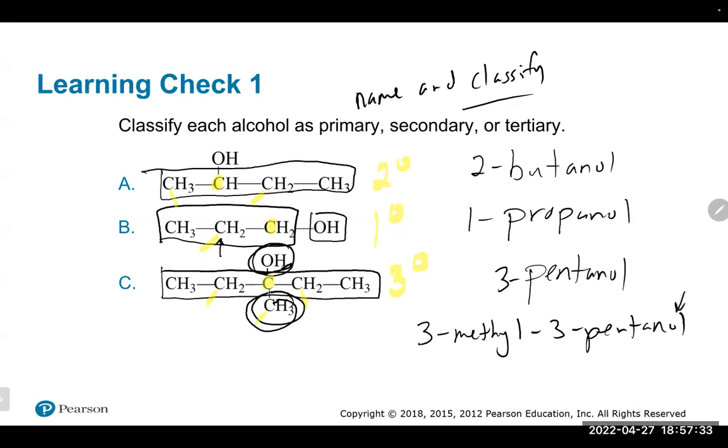If it was like another methyl group there and the OH was over here or something, then you would have that. But in that case, it's actually the functional group, that OH, which gets incorporated into the main part of the name. So although it is sort of a group, it's part of the main group.